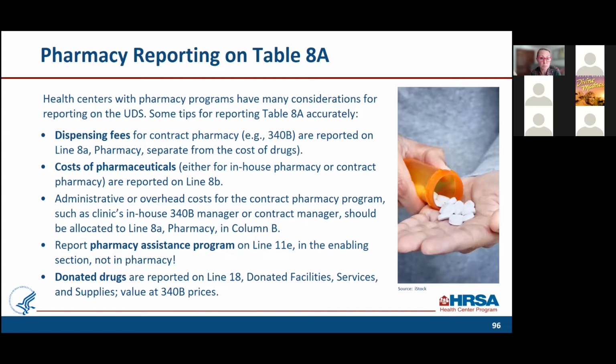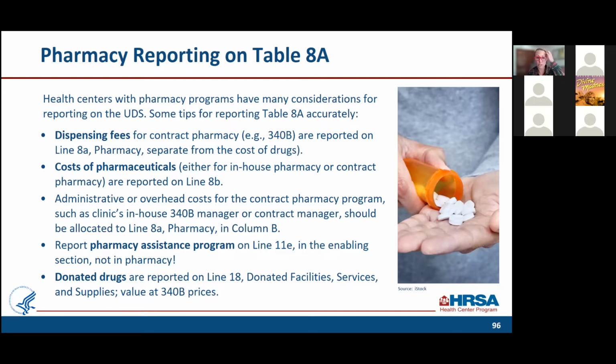Some other key tips here. Dispensing fees are reported on line 8A. Pharmacy, along with costs of any pharmacy personnel and any non-drug pharmacy costs, are also on 8A. Only the costs of pharmaceuticals are reported in 8B, whether dispensed through an in-house pharmacy or contract pharmacy.